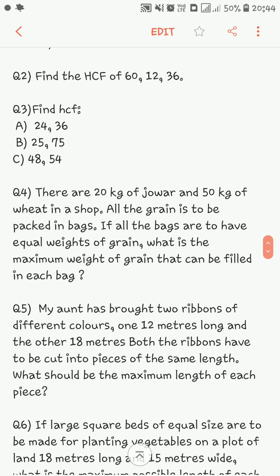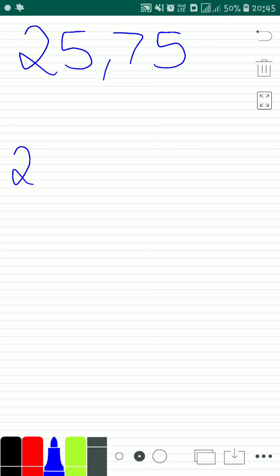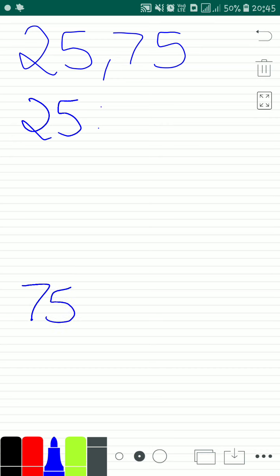Let's do question number 3b. The question says 25 and 75. Let us find the common multiple for 25 and 75.